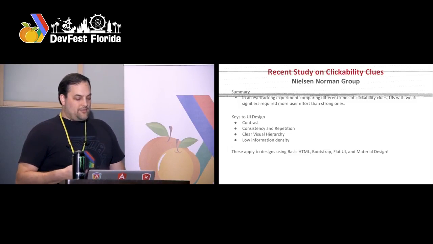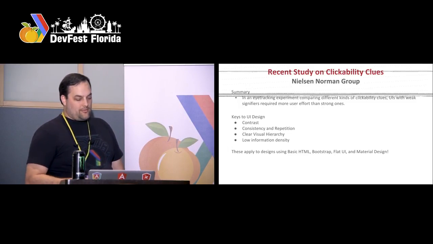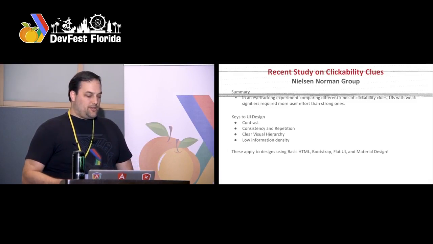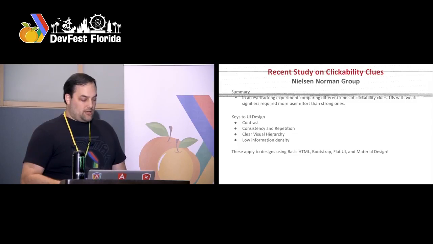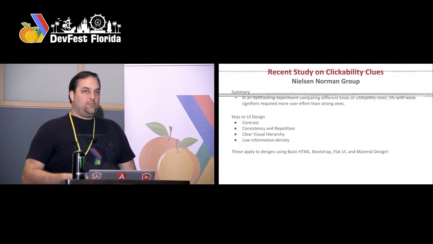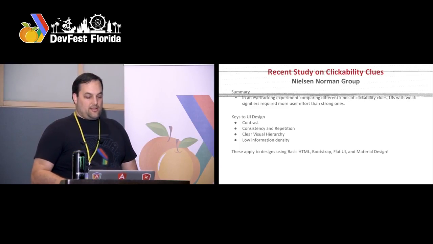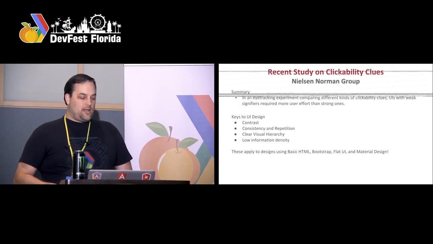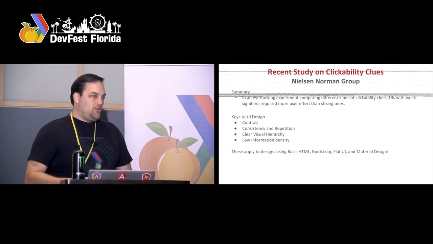Your important interactive UI elements need to stand out from the others. Repetition, consistent UI patterns train the user's brain where to look. And then you build a clear visual hierarchy through the use of alignment and proximity. This includes intelligent use of negative or white space, along with grouping items that belong together close to each other.